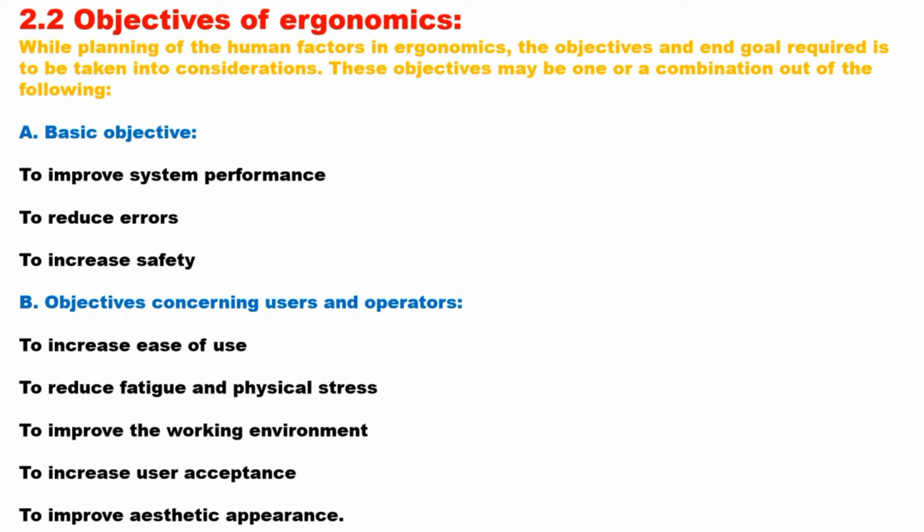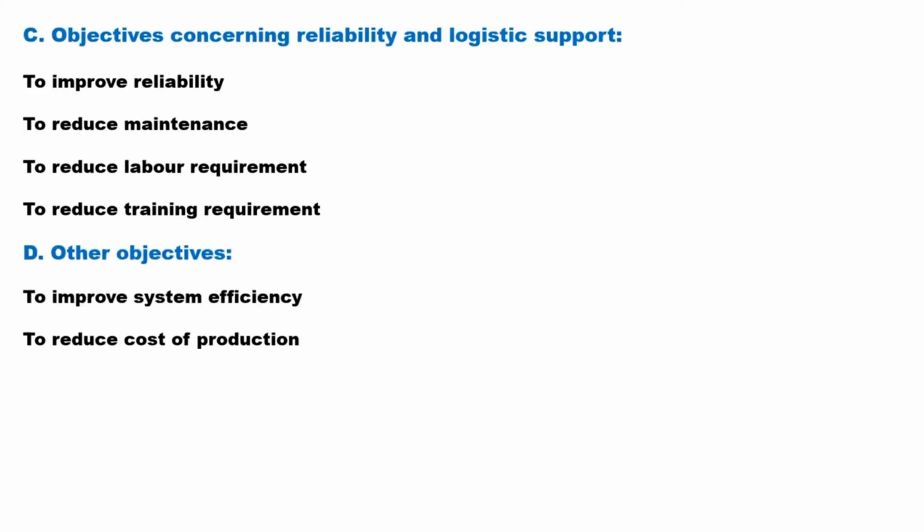B. Objectives concerning users and operators, to increase ease of use, to reduce fatigue and physical stress, to improve the working environment, to increase user acceptance. C. Objectives concerning reliability and logistic support, to improve reliability, to reduce maintenance, to reduce labor requirement, to reduce training requirement. D. Other objectives, to improve system efficiency, to reduce cost of production.